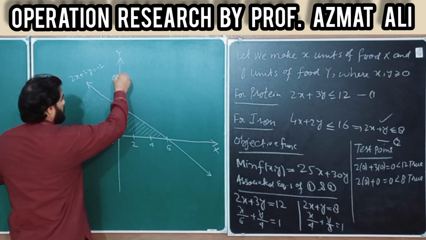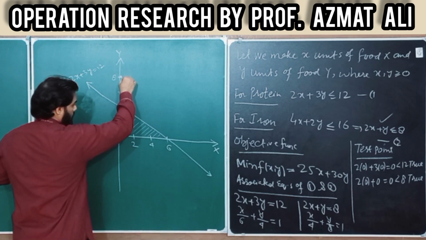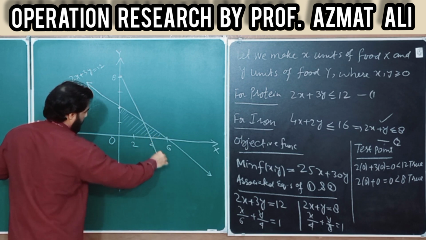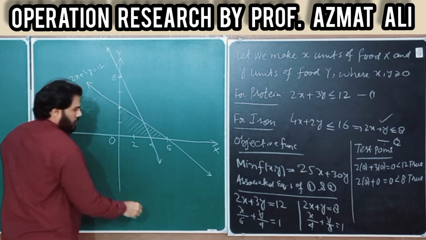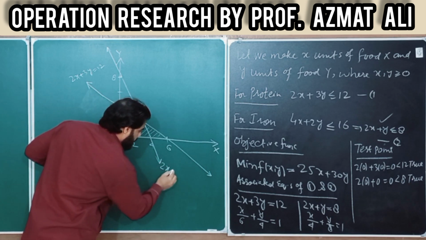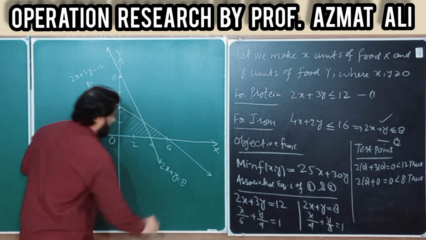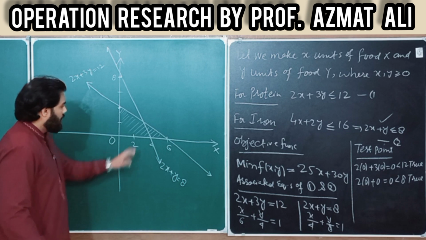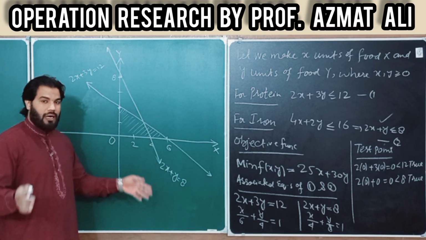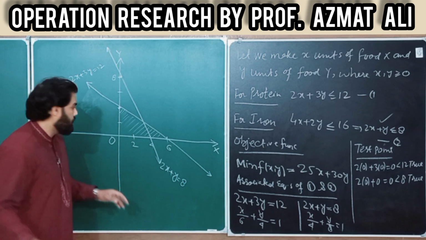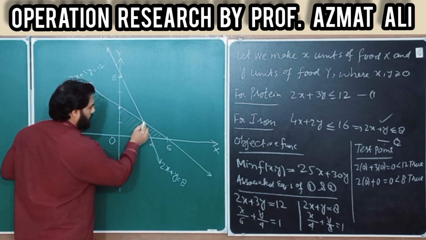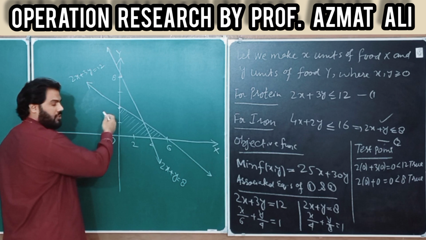So by joining these two, this is 2x plus y is equal to 8. Now this inequality also satisfies 0, 0, that was the test point.